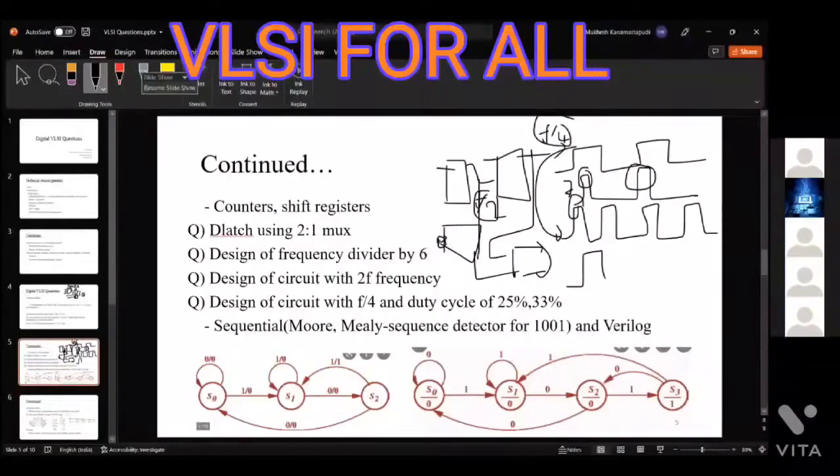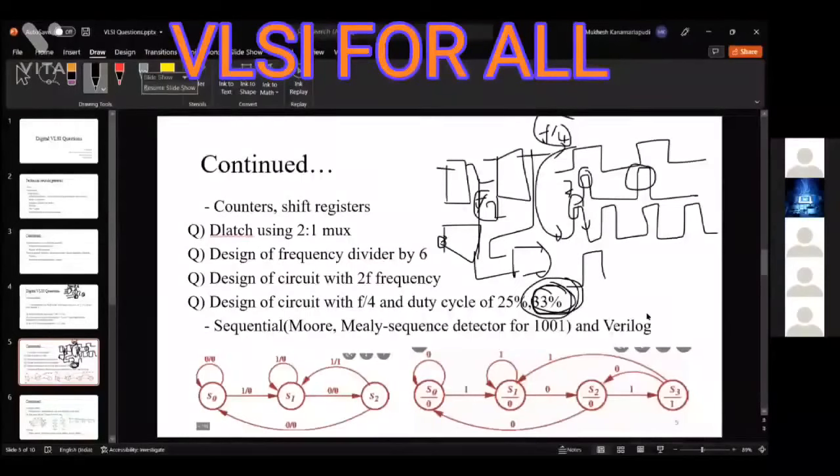You need to have a negative edge flip-flop even, because for this 33% you can get some extra percent from the negative edge clock. You can check it. This is a normal question itself. You have to try it on pen and paper basically.